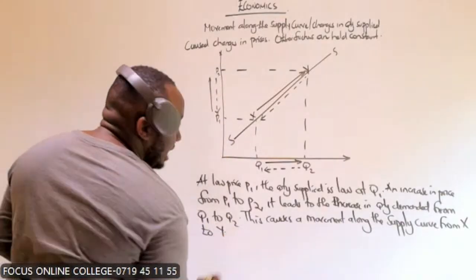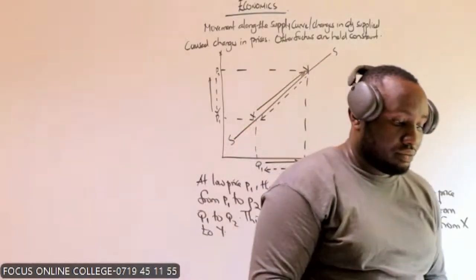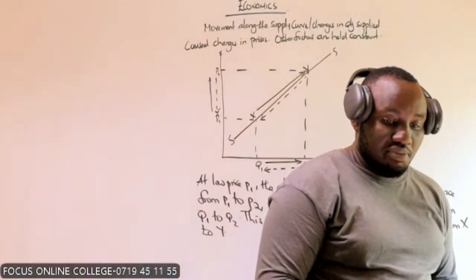From X to Y. Charles and Kitari, are you able to see that? You just give me yes.